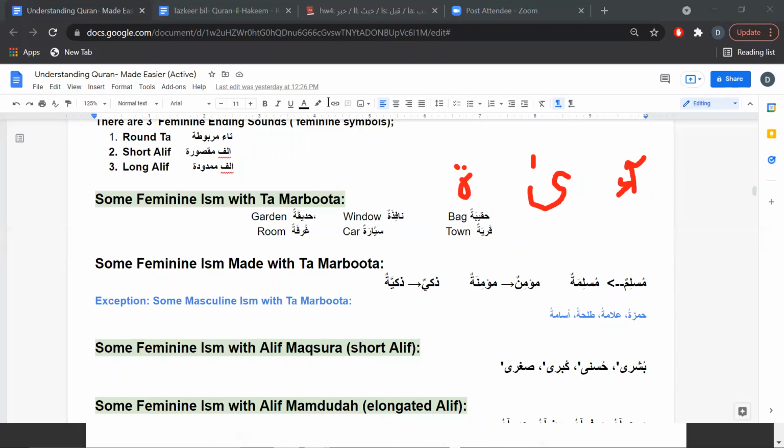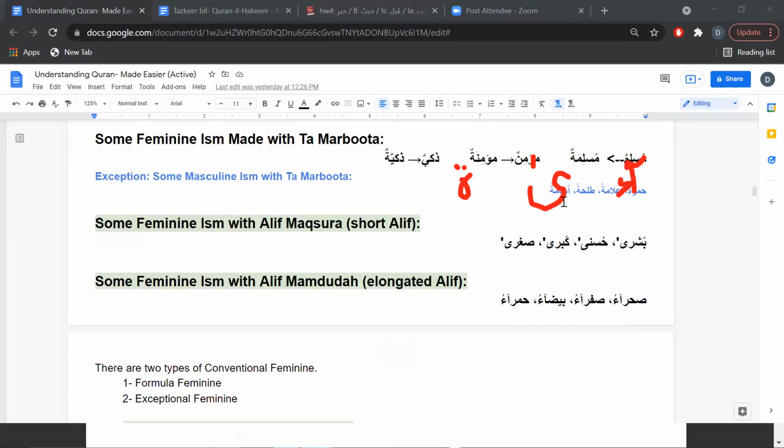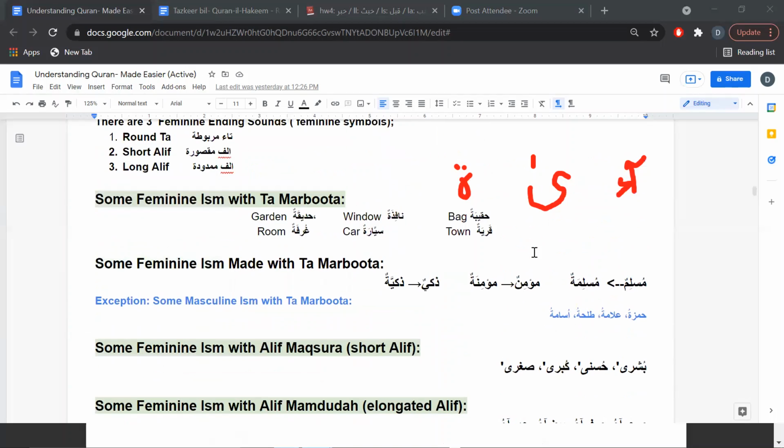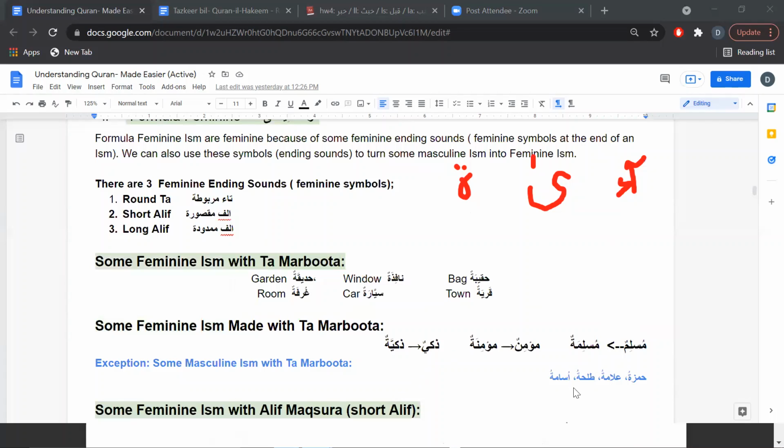Otherwise, other words that end with this short alif are feminine, like Bushra, Husna, Kubra, Sughra, these kinds of words, right? And then we have Sahra'u, Safra'u, Bayda'u, again this one. So this is one kind of feminism. Which type are they, real or fake feminine? Made-up feminine?